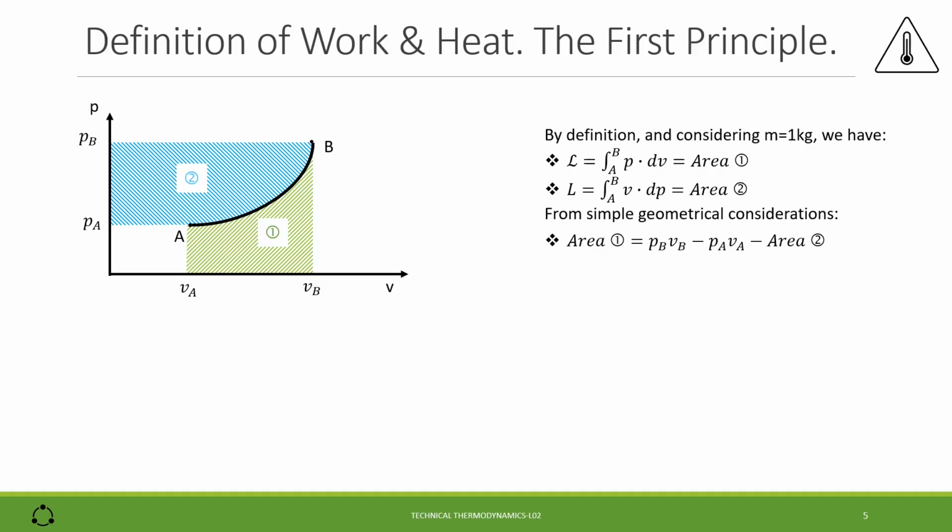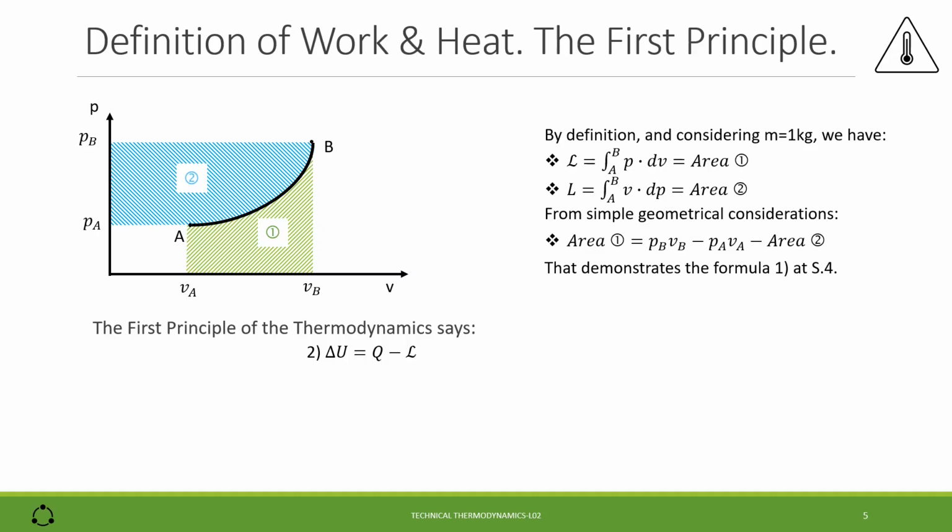From simple geometrical considerations, we observe that the area 1 equals the product of pressure and volume at state B minus the product of pressure and volume at state A minus the area 2. That demonstrates the formula 1 at slide number 4.